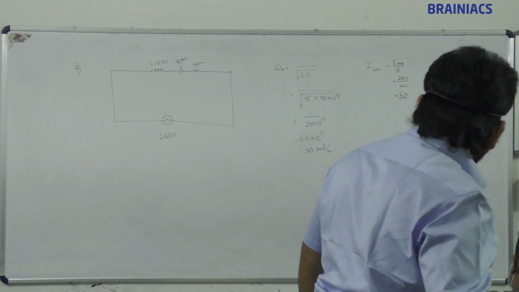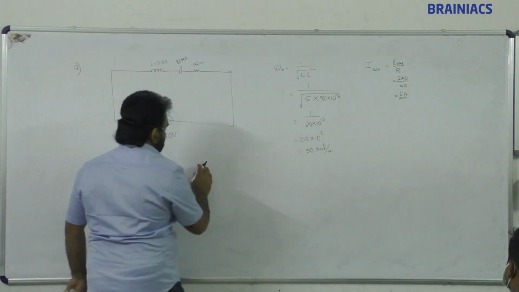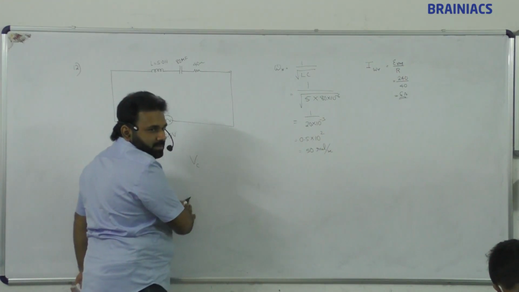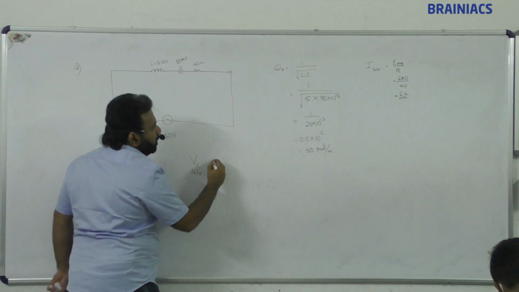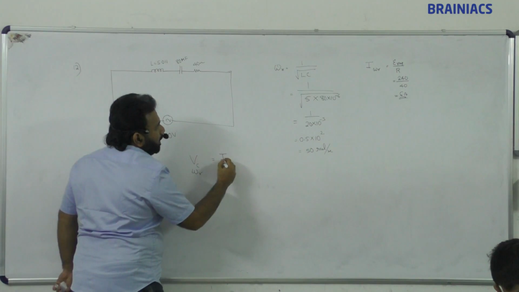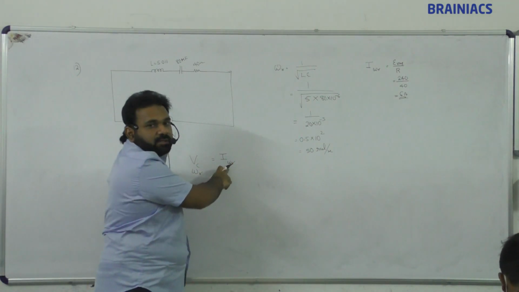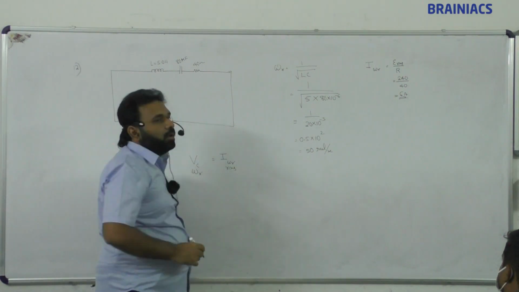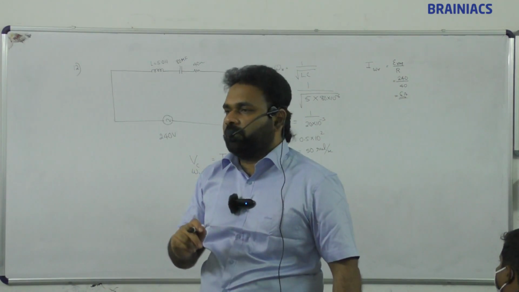So what will be the voltage across the capacitance at resonant frequency? The next question is the voltage across the capacitance at a resonant frequency, in terms of the RMS value of current at resonant frequency.